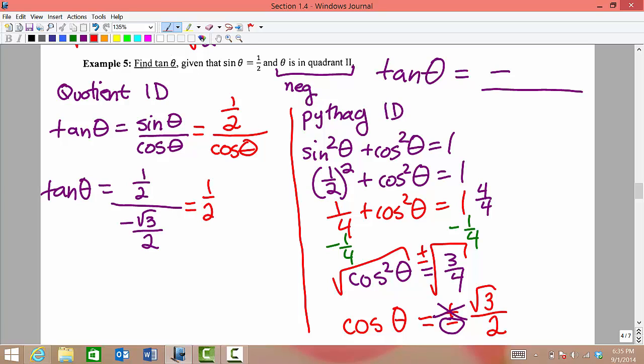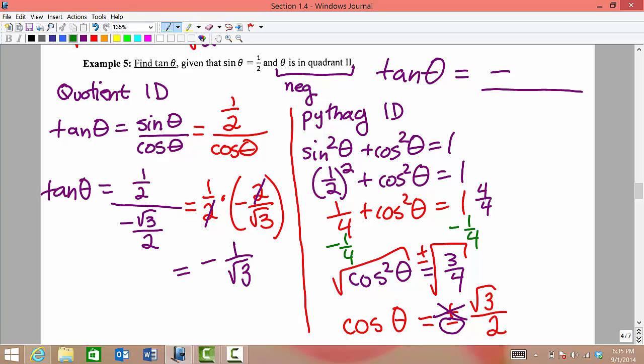We have 1/2 times, we will flip the bottom fraction, so that would be a negative 2 divided by square root of 3. Cancel out our common factors of 2. So now we have negative 1 divided by the square root of 3. So our tangent value is negative 1 divided by the square root of 3.